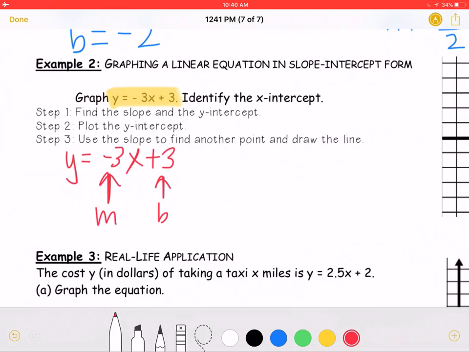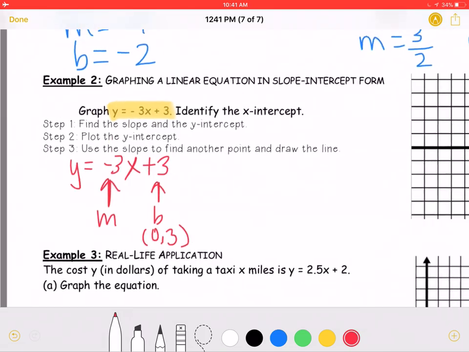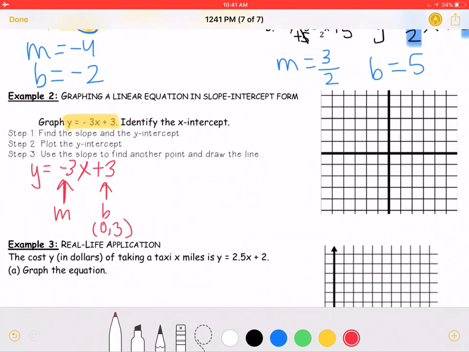So our y-intercept is going to be 0, 3. That's a point on our line, so that's a point that I can plot on my graph. See how step 2 says plot the y-intercept? That's what we're going to do. Our y-intercept is 0, 3. It's going to cross over the y-axis at 3. So there's my point 0, 3.